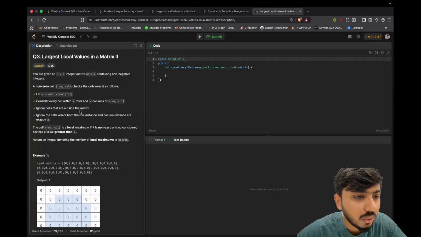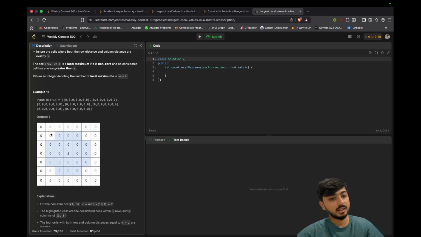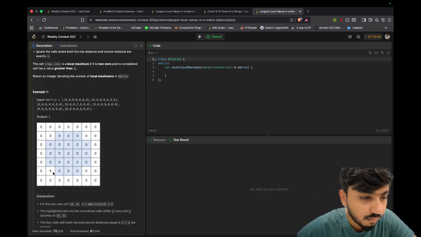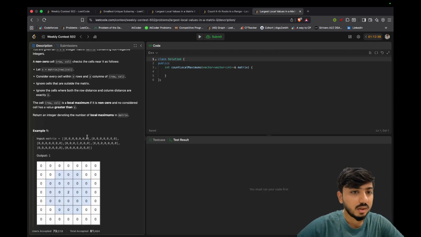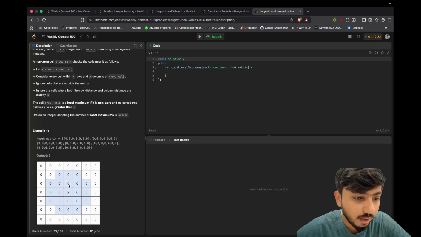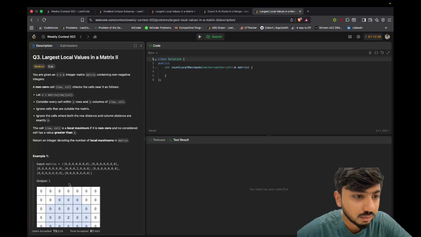Ignore cells that are outside the matrix. Ignore the cells where both row and column distance are exactly x. Okay, these are exactly 1 comma 1. Column and row distance are exactly x. How do we calculate the distance now?